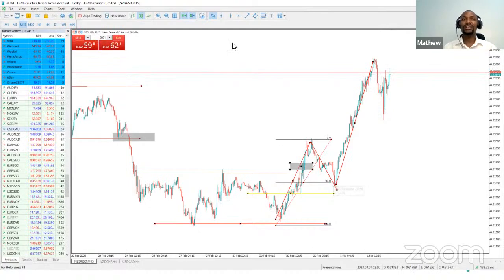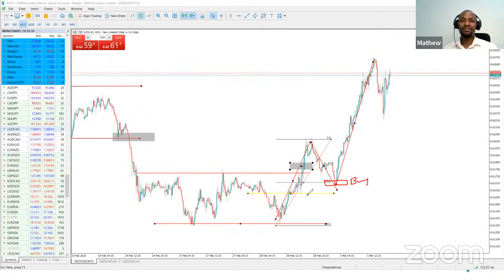So you will find a buy around this area, right? Buy around this area. Once you buy here, of course, you have your stop loss just below.